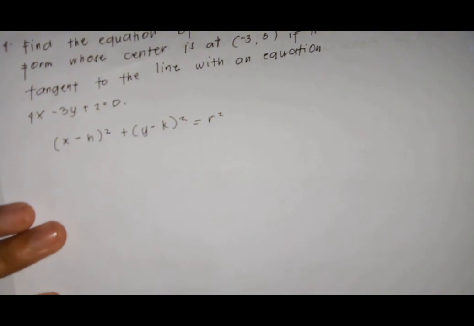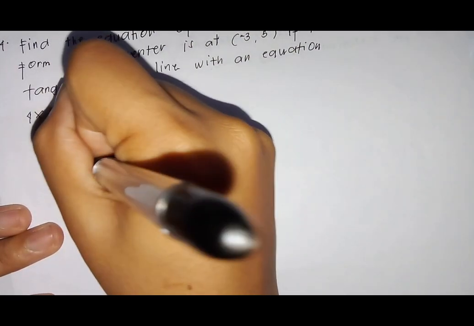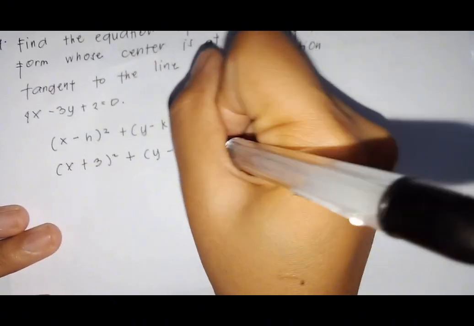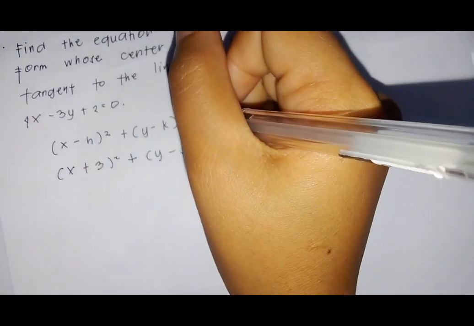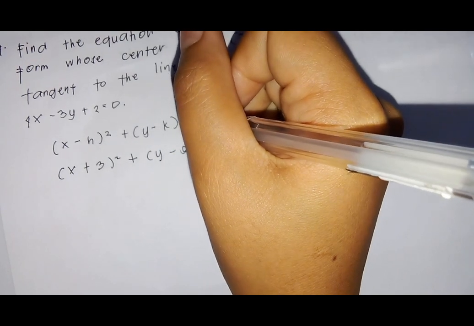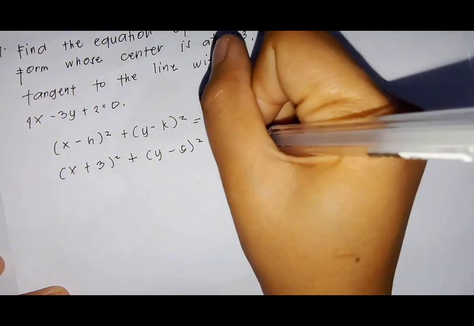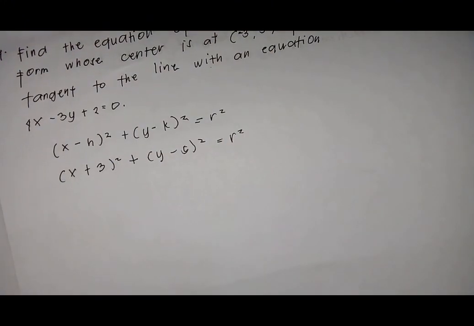In our case, the center is at negative 3 and 5, so the equation becomes x plus 3 squared plus y minus 5 squared is equal to r squared. To find the radius, since the circle is tangent to the line, the radius r is the distance from the center of the circle to the line.